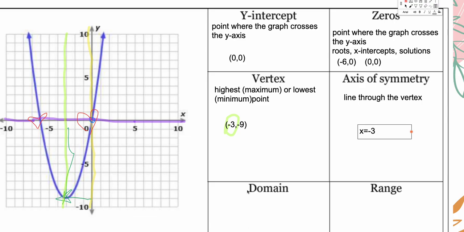Now, let's talk about domain and range. Because I have two arrows here, remember domain is all x values, and I have two arrows. That means my graph continues on forever and never stops.